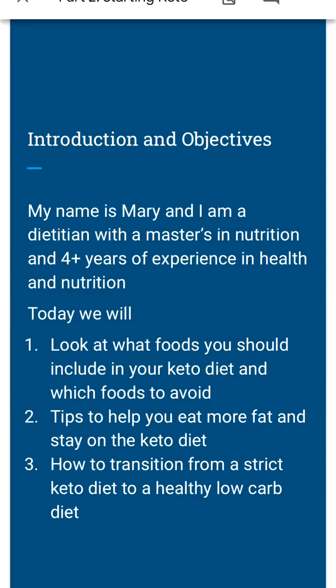And as I talked about in part one, keto isn't meant to be a diet that we're on in perpetuity. We're not meant to be on this keto diet for years and years. Ideally, we would be on it about 6 months, give or take some months, and then we would slowly transition to another diet. So today I'm going to talk about how to transition from that strict keto to a healthy low carb diet.